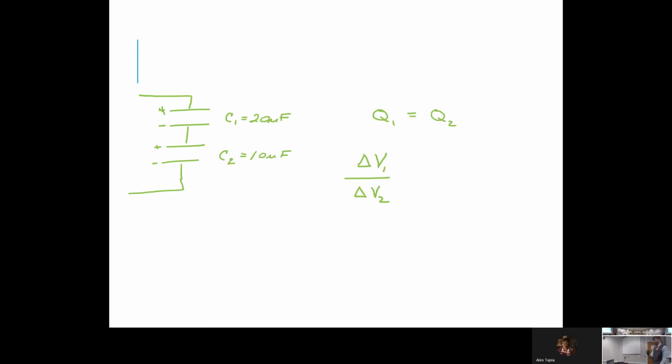So how does the potential drop across the first capacitor compare to the potential drop across the second, if they both have the same charge, which they should because they're in series. Now, when you say drop, you just mean how do they change? Yeah, so if I look at the potential of the top plate and compare it to the potential of the bottom plate, I get some difference. What say you?